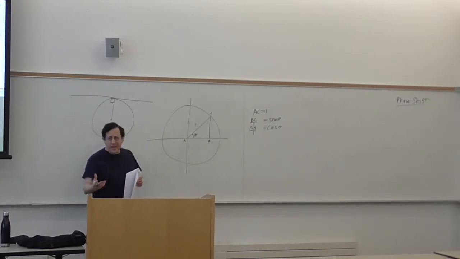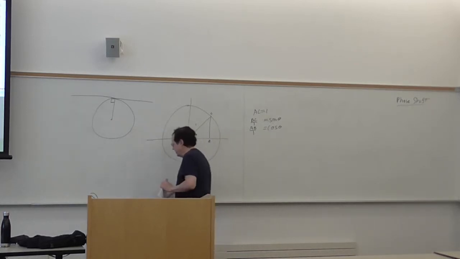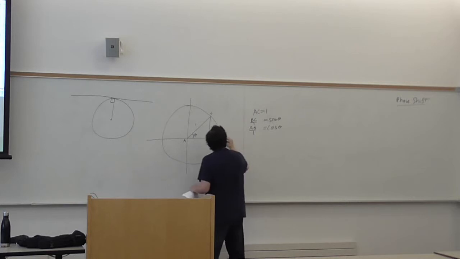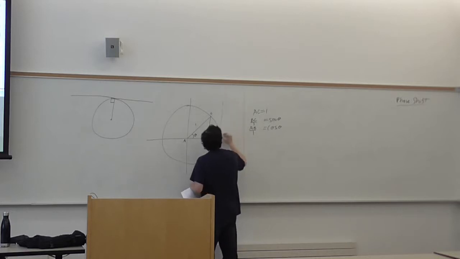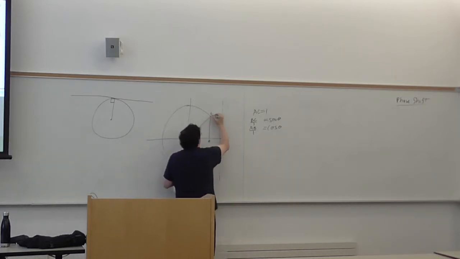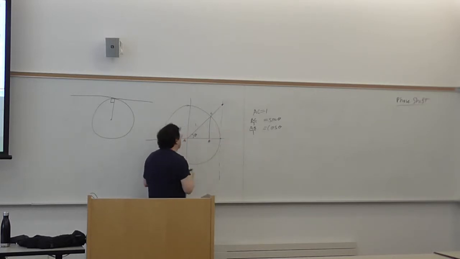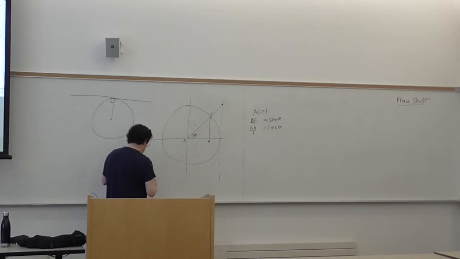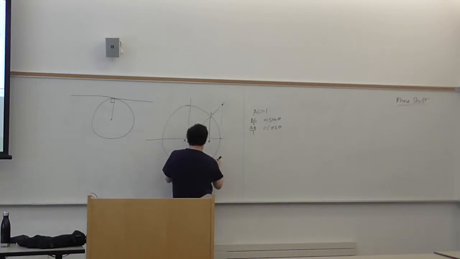So now I'm going to draw a tangent. There's a tangent to my point here. And I want to extend AC so it intersects that tangent. And I'll give these two points names too.